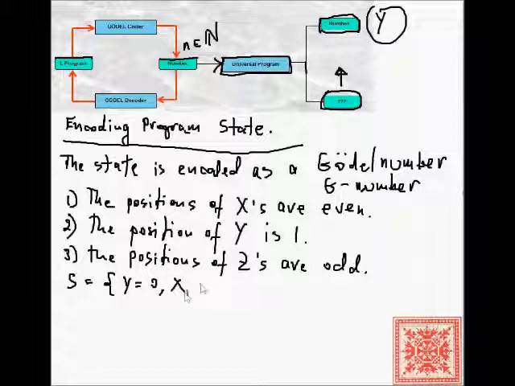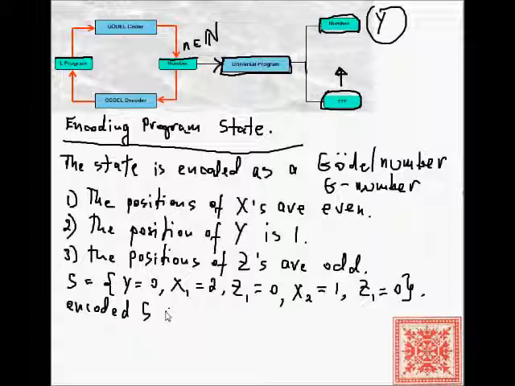So we can come up with other encodings of states. For example, the state is: the value of y is 0, x1 is 2, z1 is 0, and x2 is 1, and z2 is 0. So how do I encode that state?